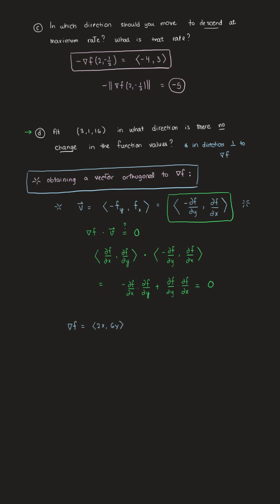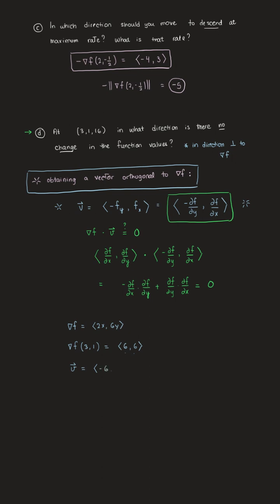Our gradient at the point 3, 1, when x is 3 and y is 1, has the value 6, 6. So a vector v that's going to be perpendicular to this gradient at 3, 1 should have components where we switch the components and make the first one negative.